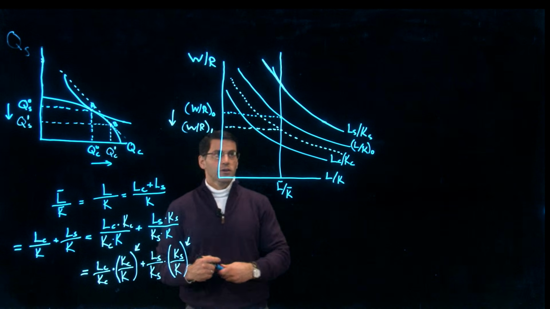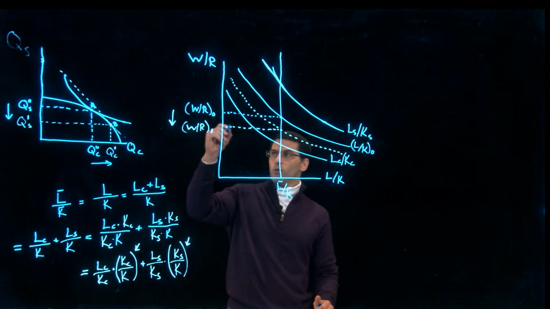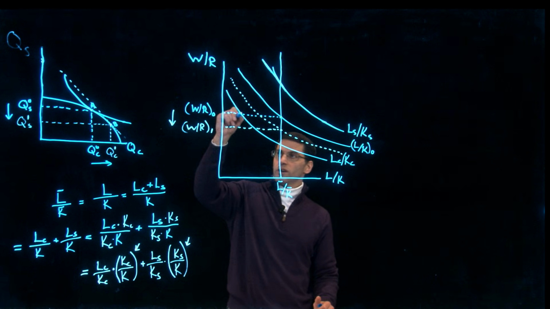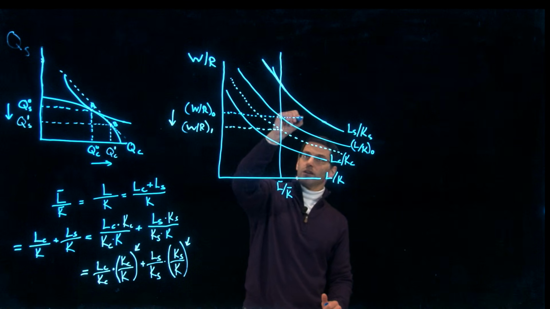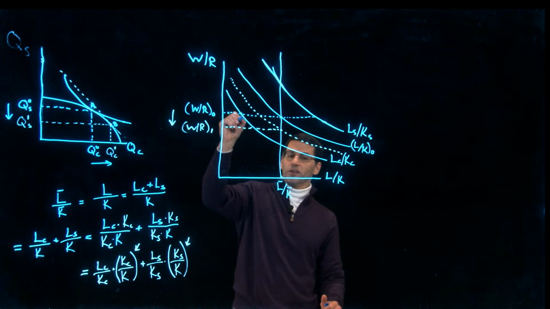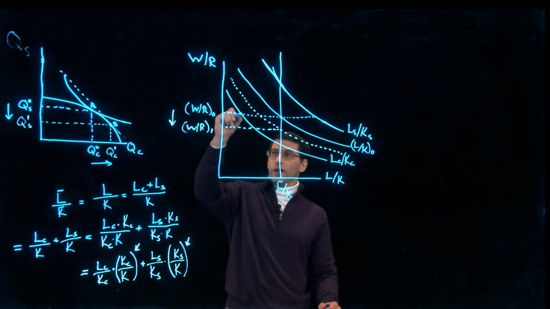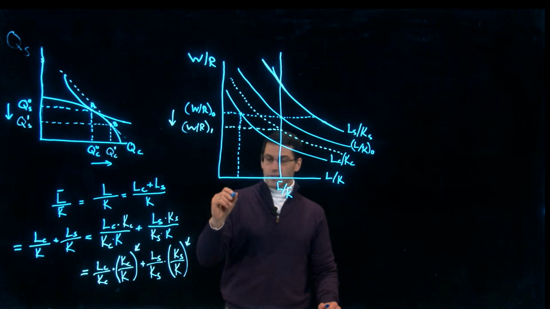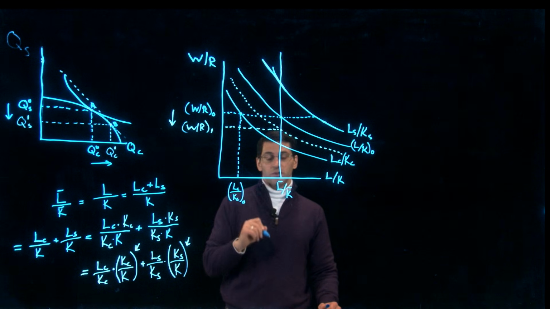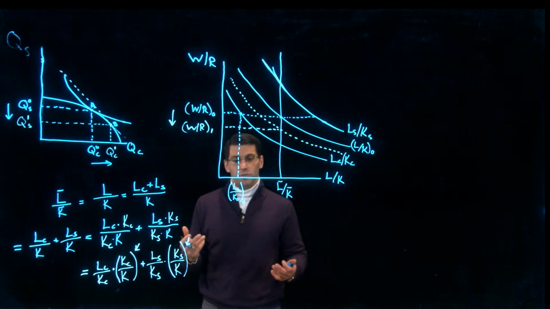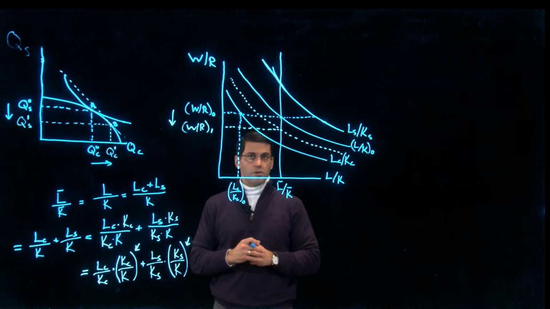Initially, when we had W over R0, you could take that wage to rental rate and see where it intersects the relative demand curve for labor for computers. And that happens at this point here. Well, that tells us that LC over KC0, which is the relative demand or the relative employment of labor in computers, is initially here.